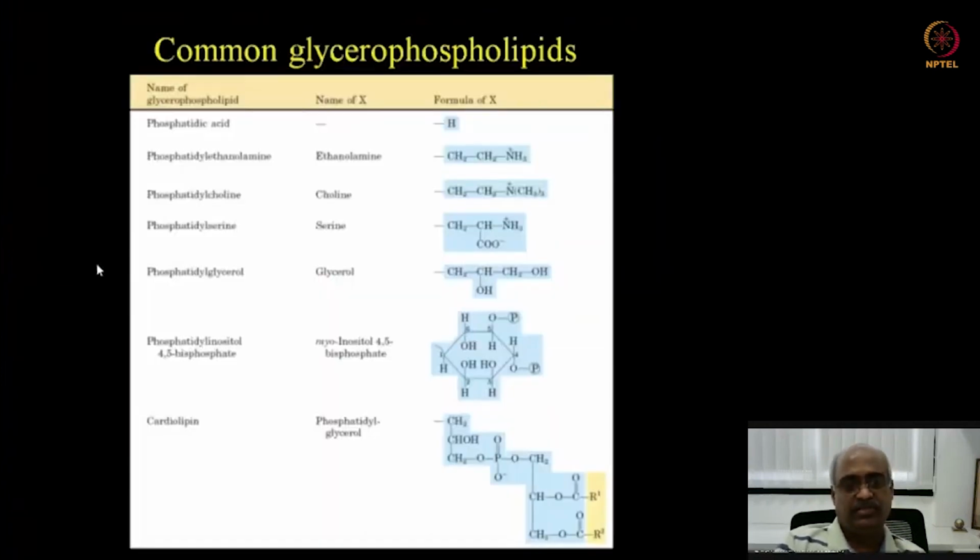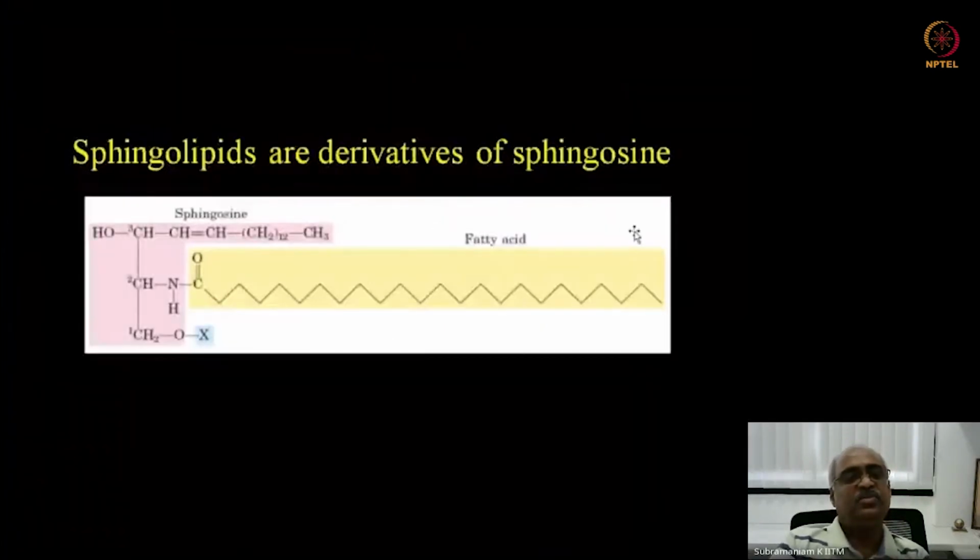So these are glycerol derivative phospholipids, therefore we call them glycerophospholipids. The next one is sphingolipid, where instead of glycerol it is the sphingosine. This pink color shaded one. So sphingosine is the basic unit. Sphingosine as drawn here resembles, its first three carbons resemble glycerol's three carbons. But its side chain here, so it is a long amino alcohol.